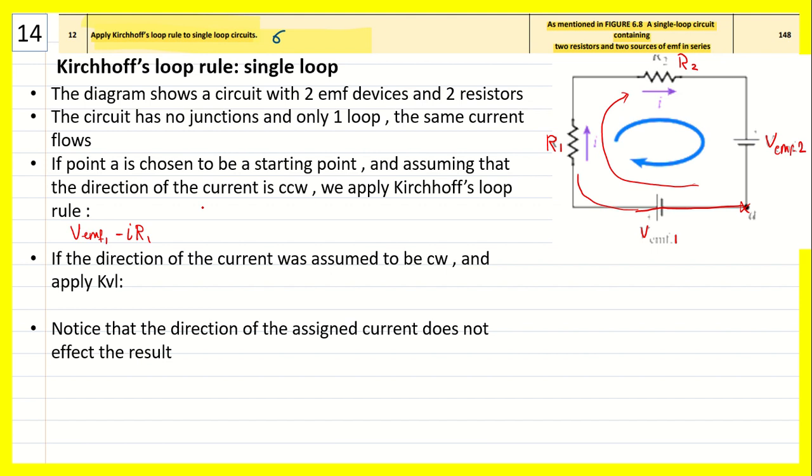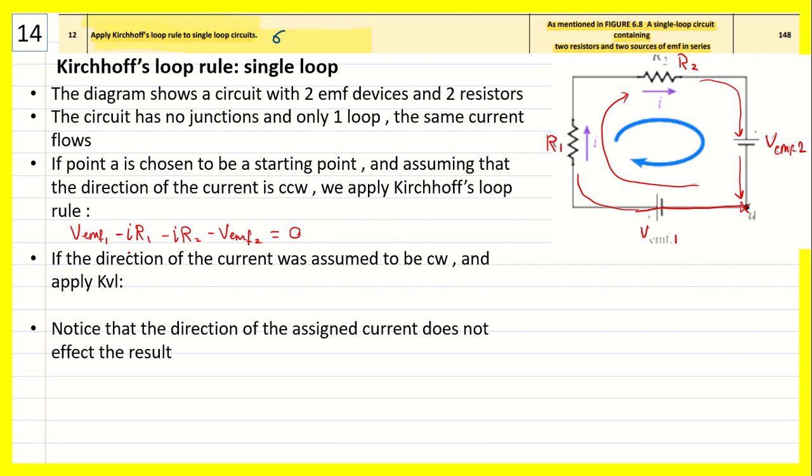With the direction of the current as well, so minus IR2. Entering the second battery from the positive terminal, so minus EMF 2. Went back to the same point, I put the equal 0. So the sum of voltages across the closed loop is equal to 0.